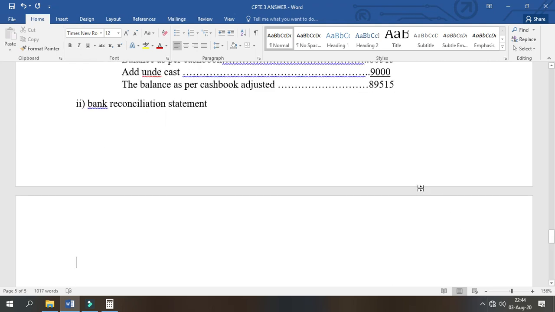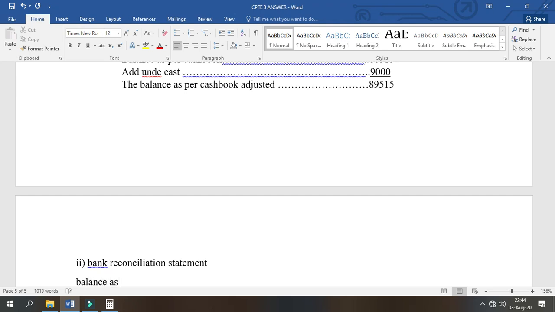Dear friend, we began with the balance as per passbook or bank statement, as per bank statement or passbook, is equal to 111,230.